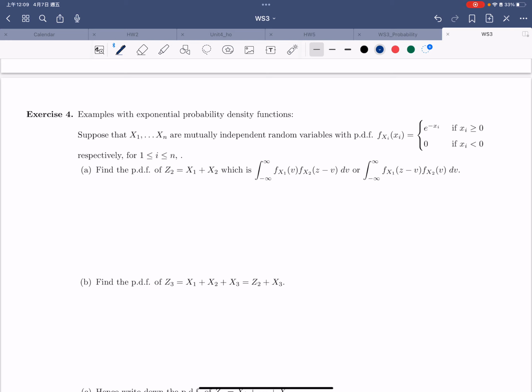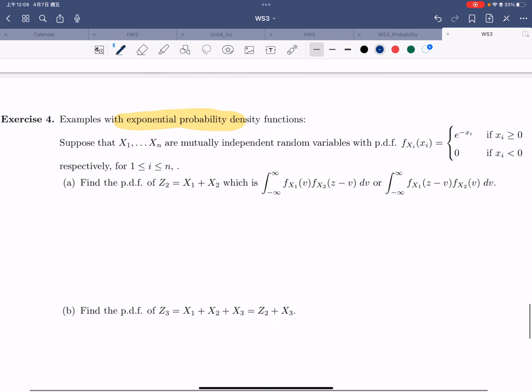Okay, so exercise 4. Example with exponential probability density function. So what is the exponential probability density function? Or what does it mean when a random variable x follows an exponential distribution?